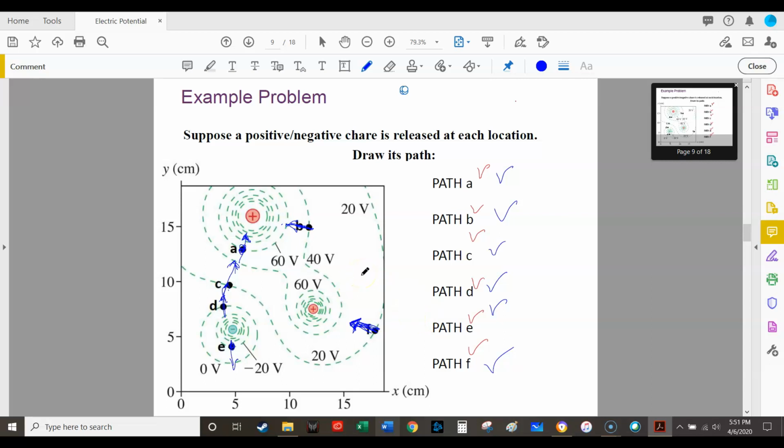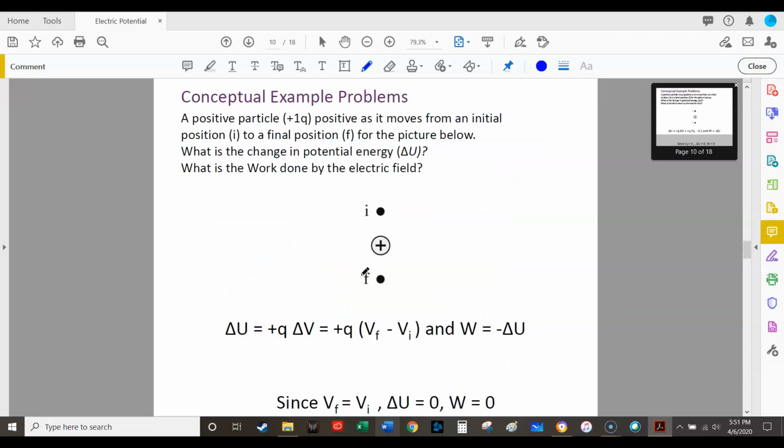All right. Let's keep moving on. So here is a conceptual problem. We could interpret that the electric potential energy, and I'm going to use black, the electric potential energy is actually equal to a test charge times the change in its voltage.